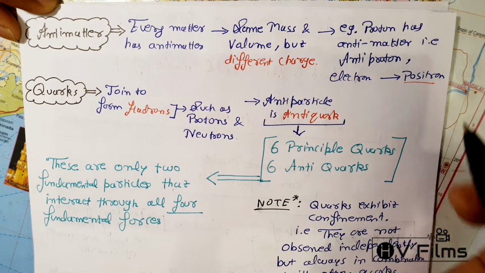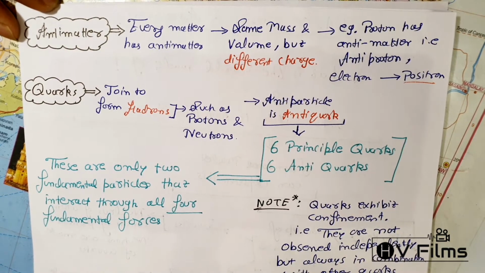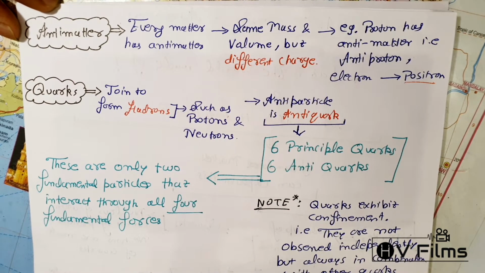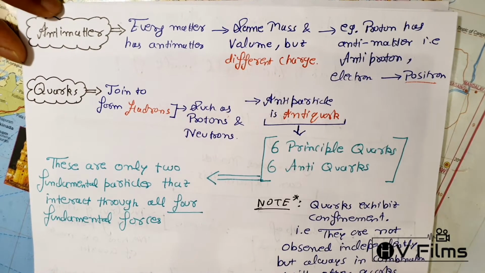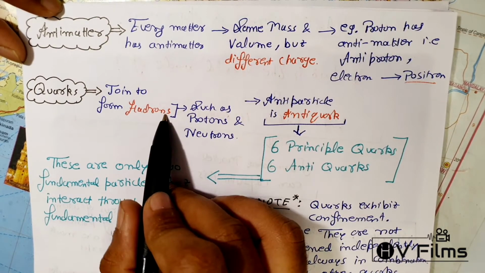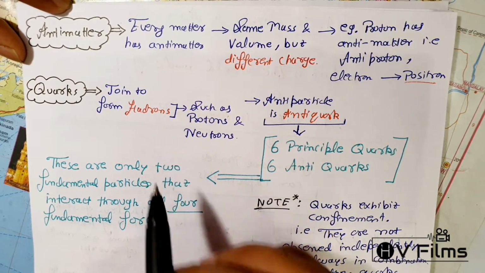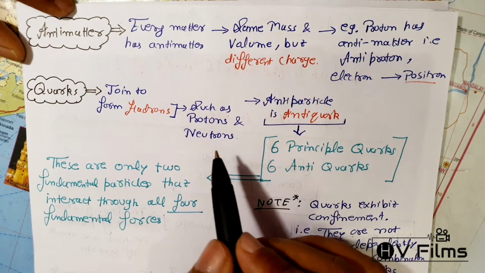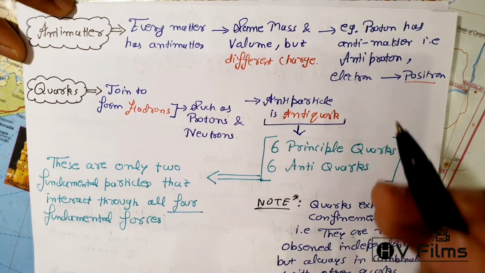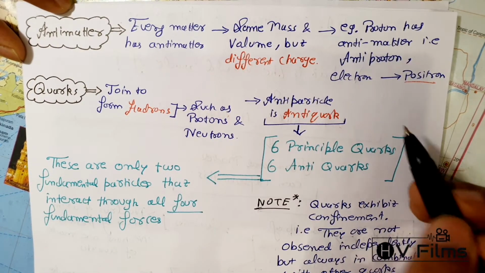Similar to that, quarks. As we have discussed, the quark is a fundamental particle in the universe. When two or more quarks combine together, they form hadrons, such as the protons and the neutrons. Each and every quark has an antiquark in its own way.